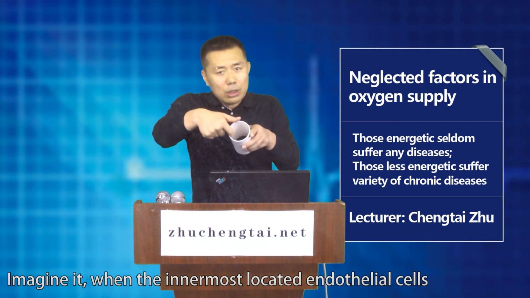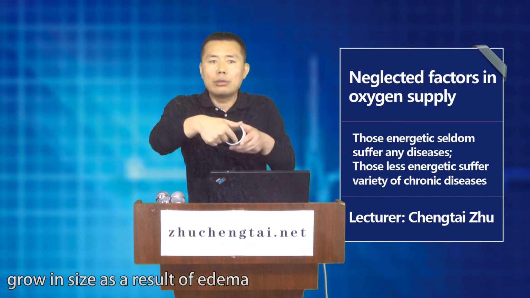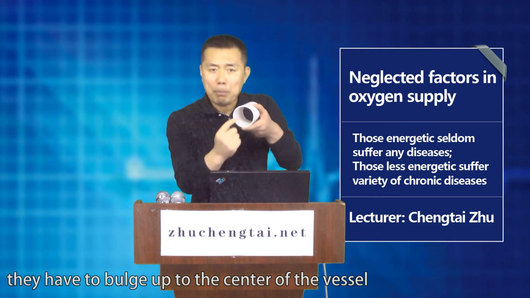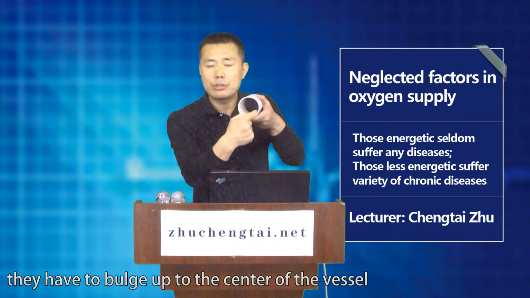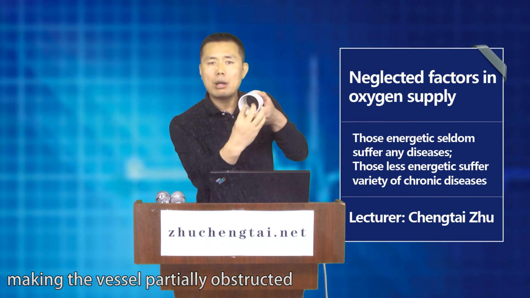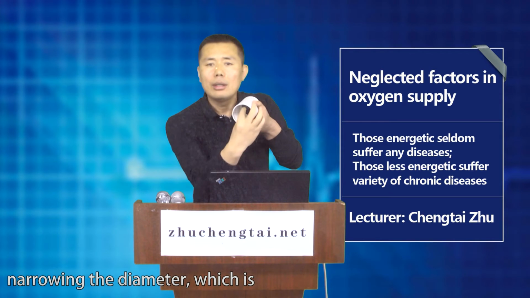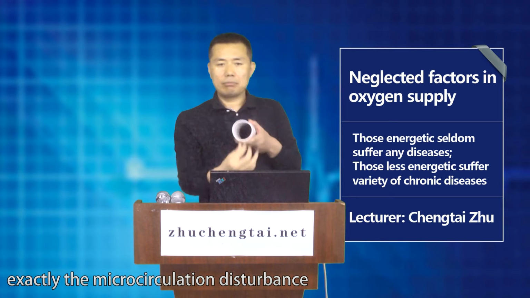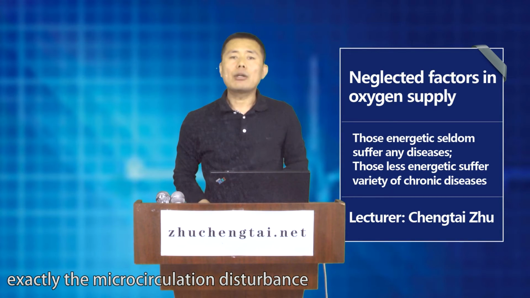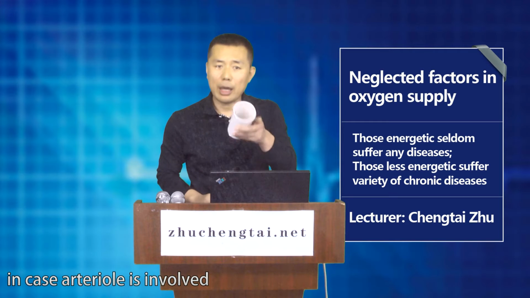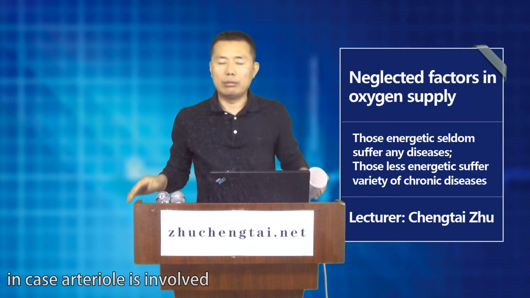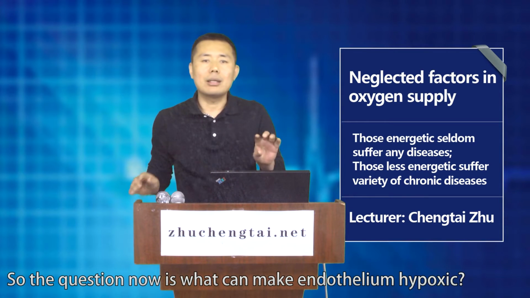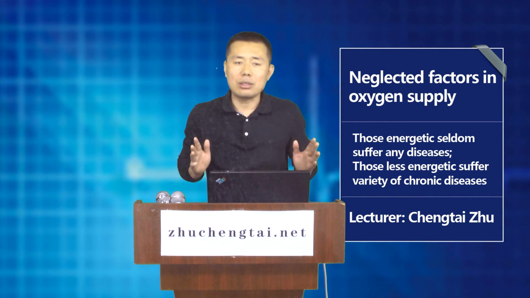When the innermost located endothelial cells grow in size as a result of edema, they have to bulge up to the center of the vessel, making the vessel partially obstructed, narrowing the diameter, which is exactly microcirculation disturbance in case an arteriole is involved. So the question now is, what can make endothelial cells hypoxic?